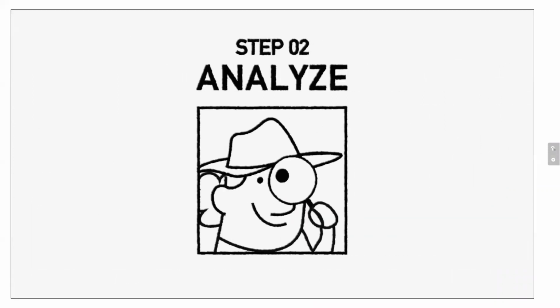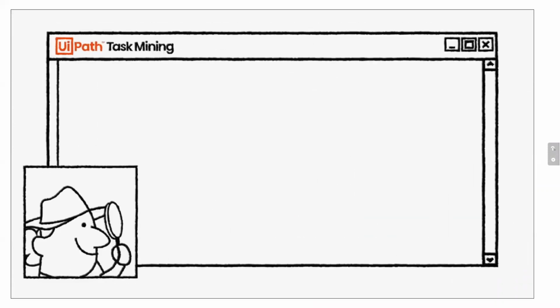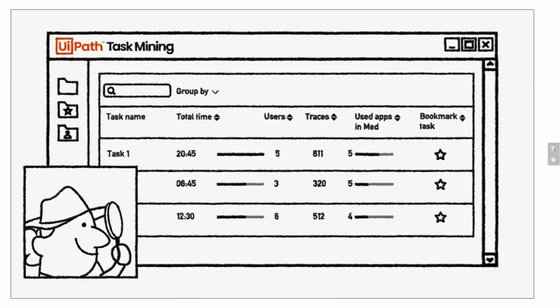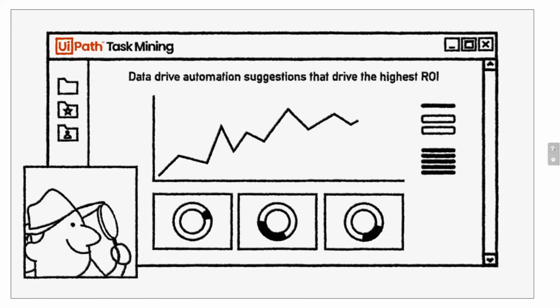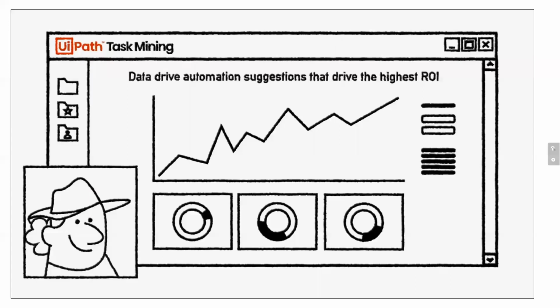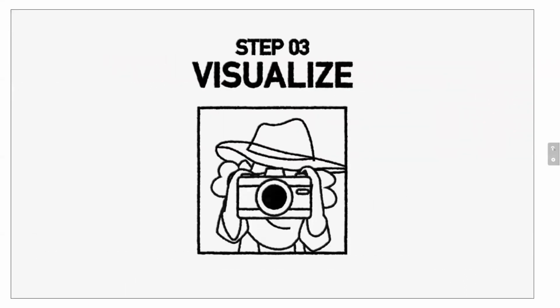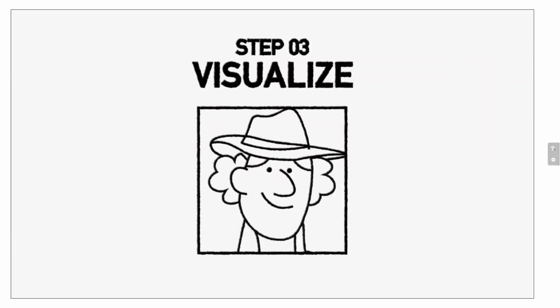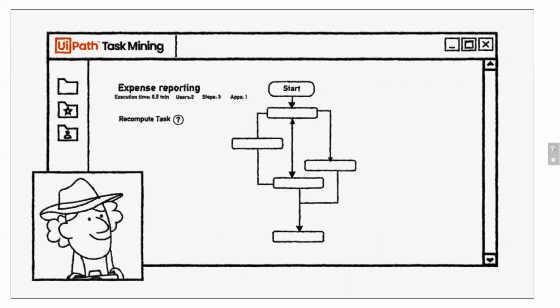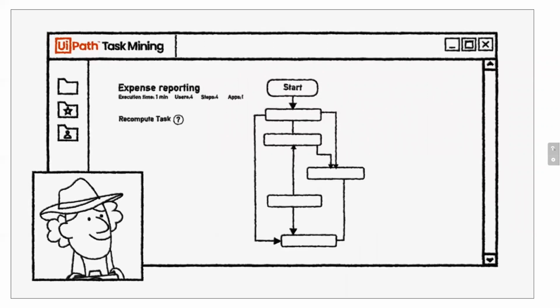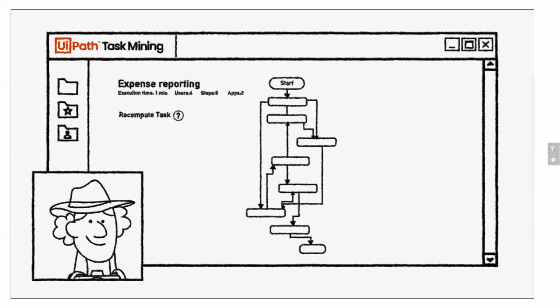Next, it's analysing those findings. Artificial intelligence teases out frequent task patterns to provide Jasmine and her team with data-driven automation suggestions that drive the highest ROI. Finally, a practical use of AI that will keep everyone talking. After that, powerful visualizations automatically construct process graphs so Jasmine and her colleagues can drill down into variations and frequent paths, including process replay.